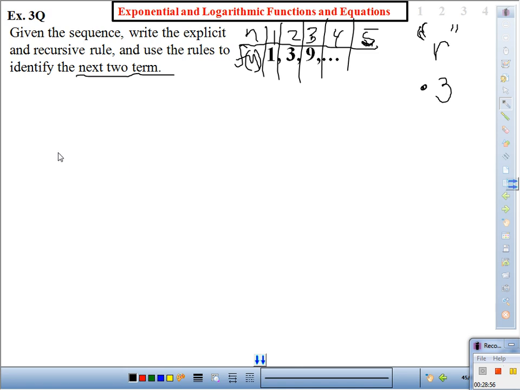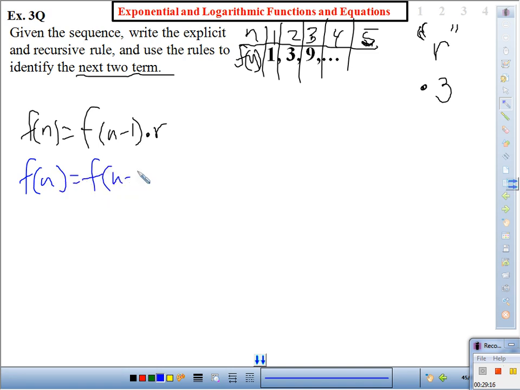Anyway. Recursive. F of n equals f of n minus 1 times r. And then our rule would be f of n equals f of n minus 1 times 3. Now that we substituted the r. How about our explicit? F of n equals f of 1, what else? Times r.